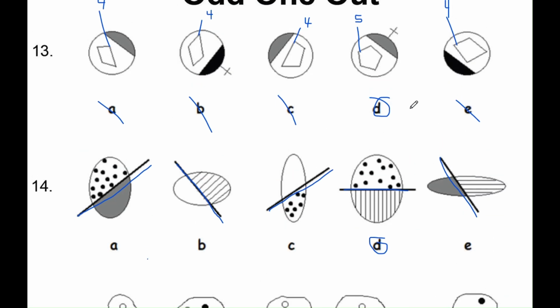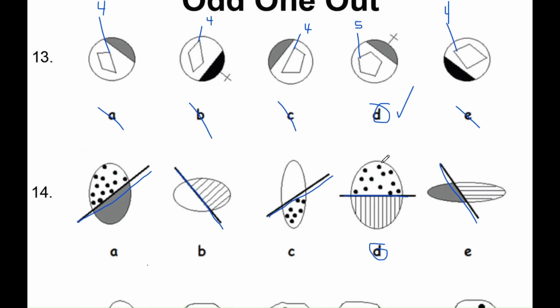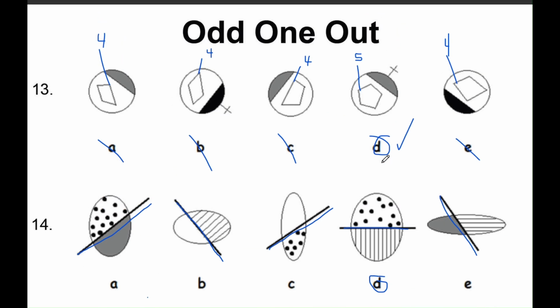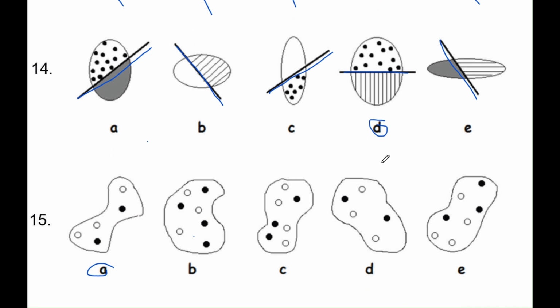Odd one out: D, circle with a 5-sided shape, a pentagon. Answer D.